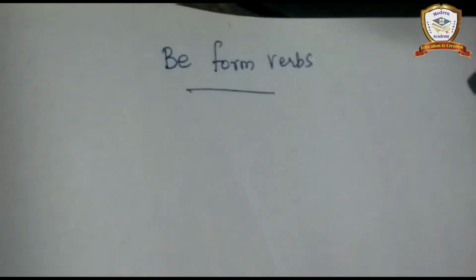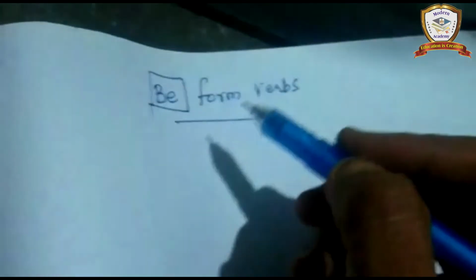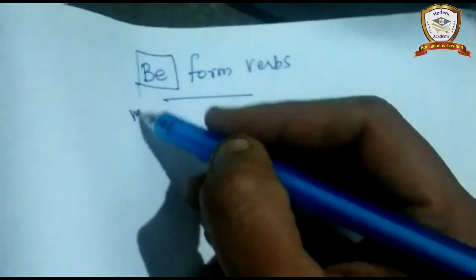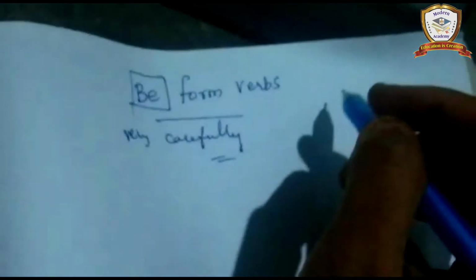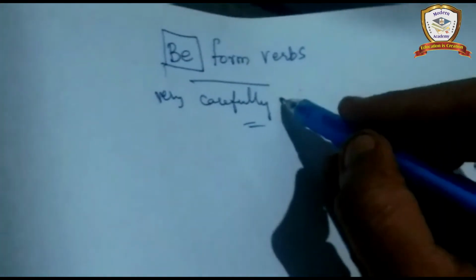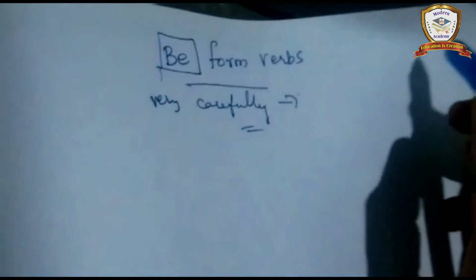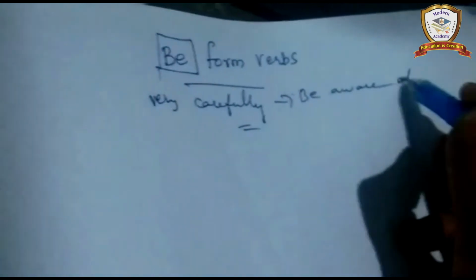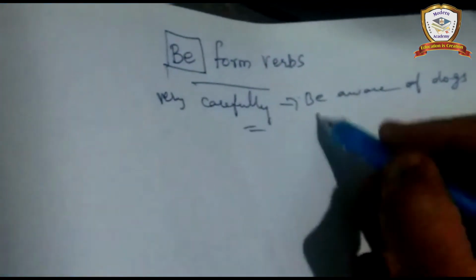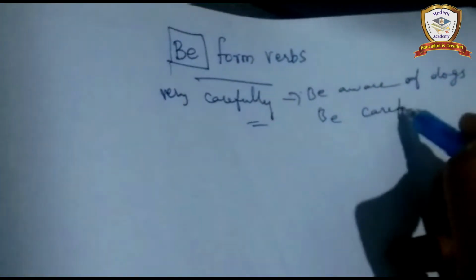So B form verbs. What is a B form verb? Yes, the B form verb should be used very carefully. That's why it is called B form. Actually students, you could have noticed in some of your neighbor's houses: be aware of dogs. Be careful.